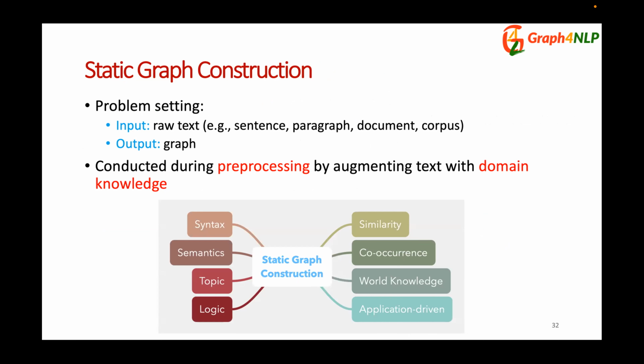Many static graph construction approaches used in practice are driven by the particular NLP applications and incorporate hybrid prior knowledge about the data and the task. Let's see some representative static graph construction approaches for NLP, which are widely used in the existing literature.